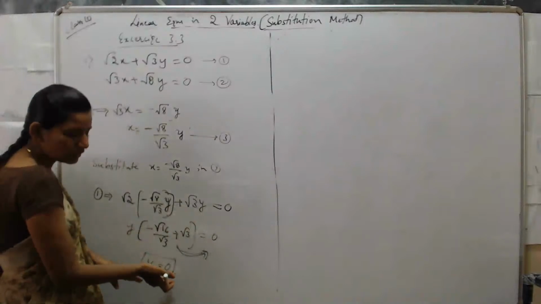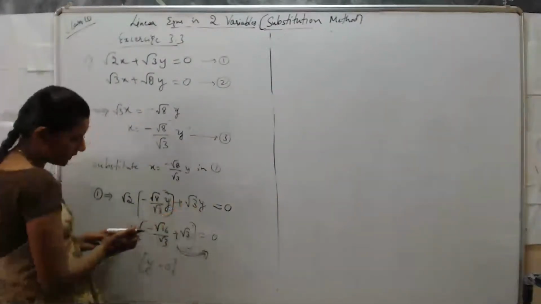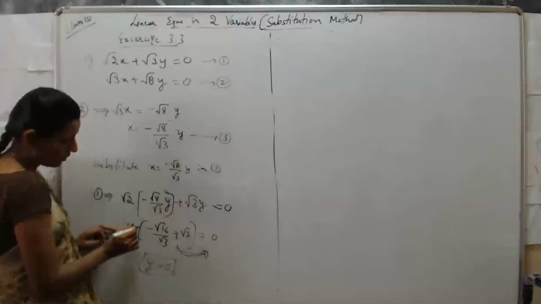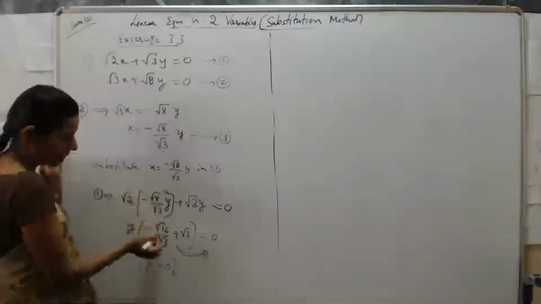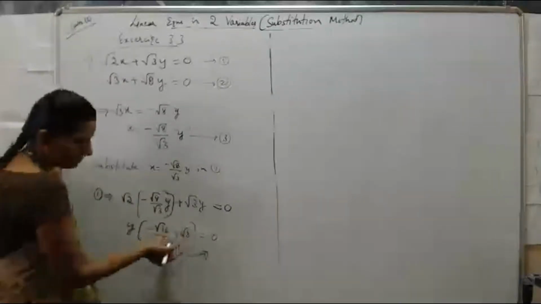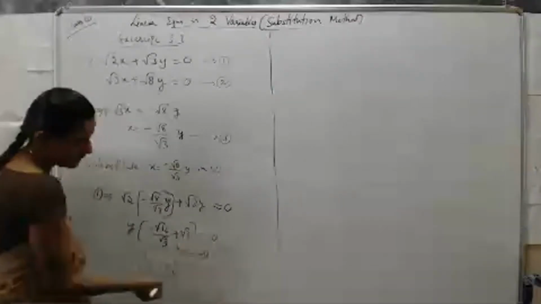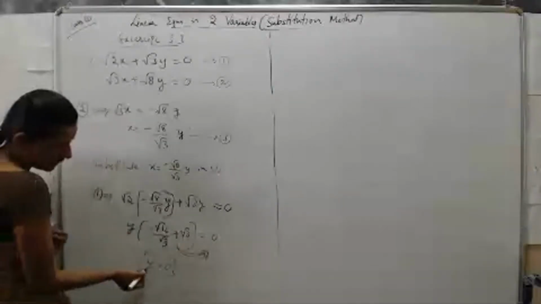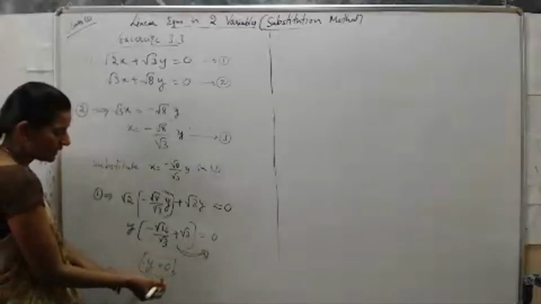Therefore, y is equal to 0. In these two terms, we have taken common as y. Everything else, if you send to the right side, remaining is what? y is equal to 0. Understood?